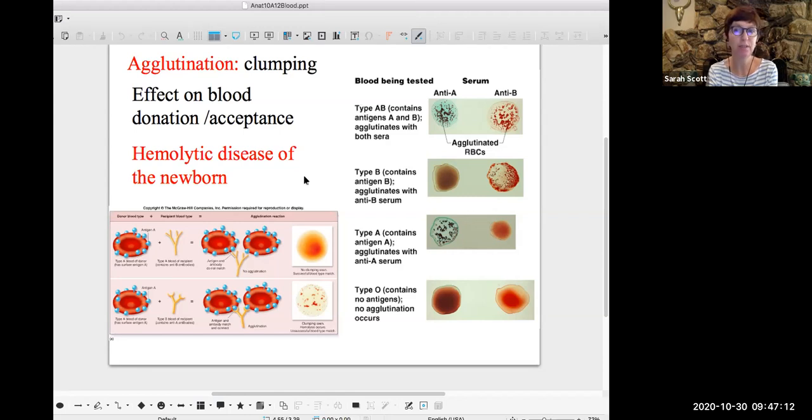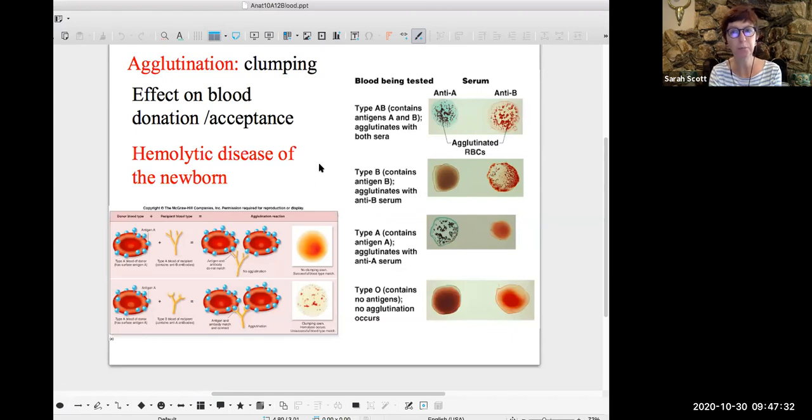Not a lot of it, but some of it. And remember, after being exposed to an antigen, you make memory B and memory T cells. Those memory B cells mean that the next time you're exposed to that antigen, you're going to start making antibodies really fast, right? That's what gives you immunity.